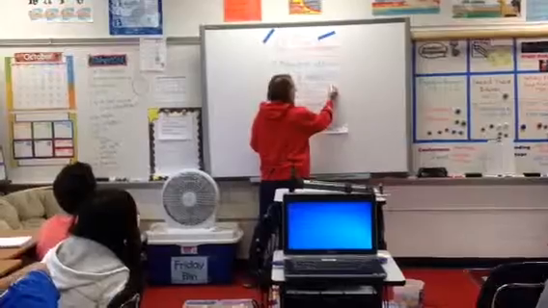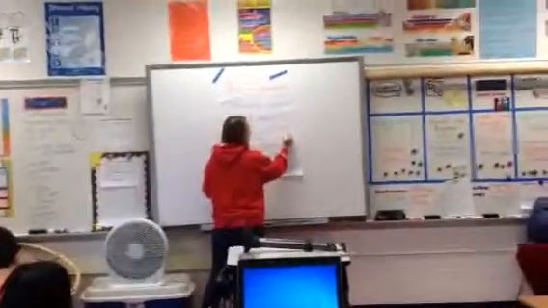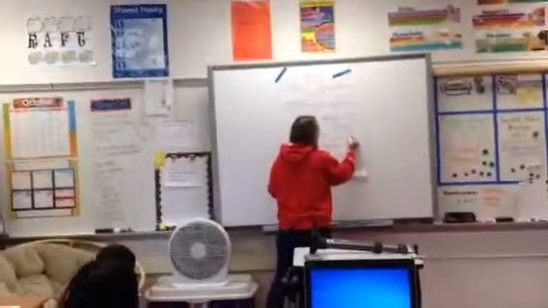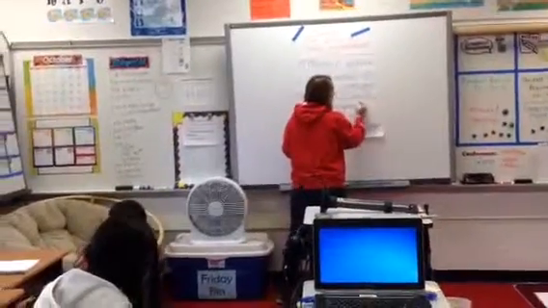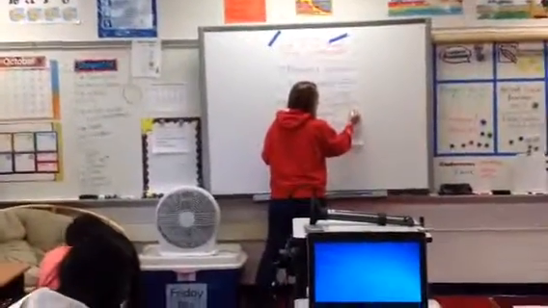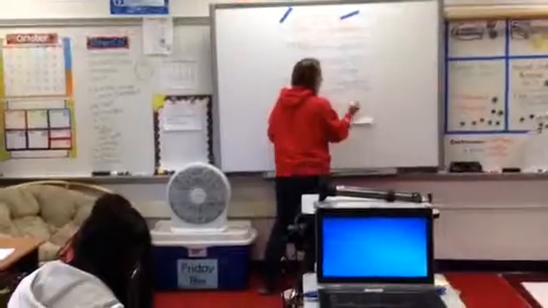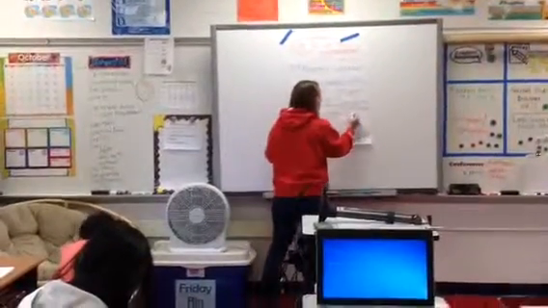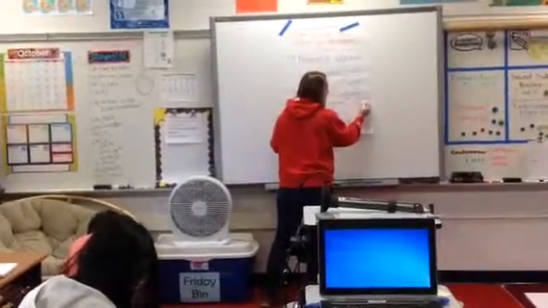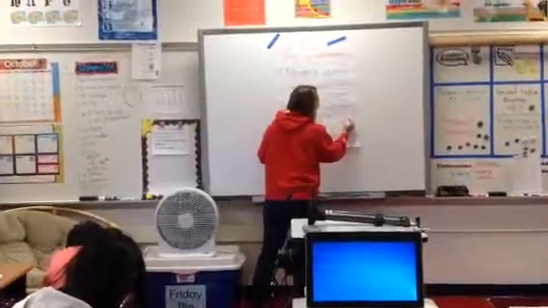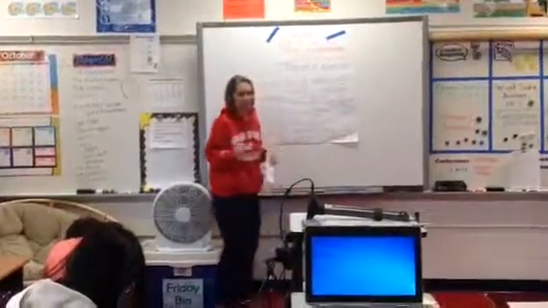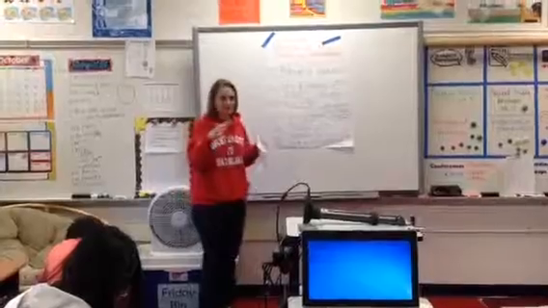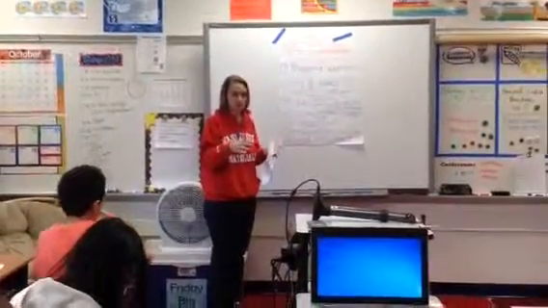So array. It's like a square or rectangle when you count the squares. Is that what you're saying? No, I'm saying you can multiply the sides and you get the answer of how many. Okay, so in a square or rectangle, when you multiply the sides together, you get the answer, solution, product.